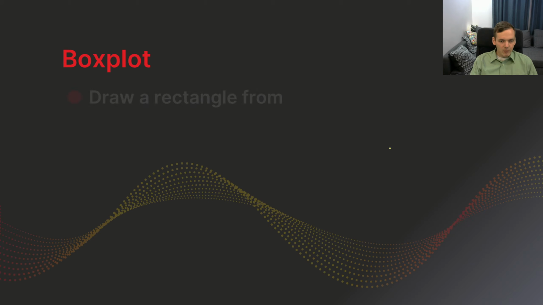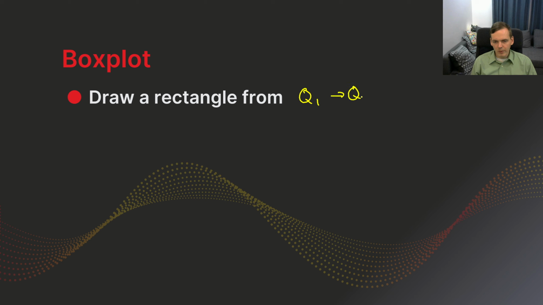The way that we make a box plot is we draw a rectangle from Q1 to Q3. So whatever your Q1 value is, that's one side of the rectangle. Q3 is the other side. You're going to divide the rectangle at the median, so just draw a vertical line at the median.